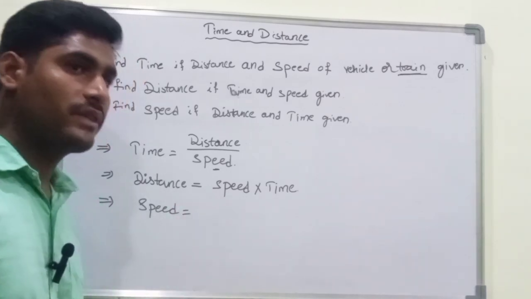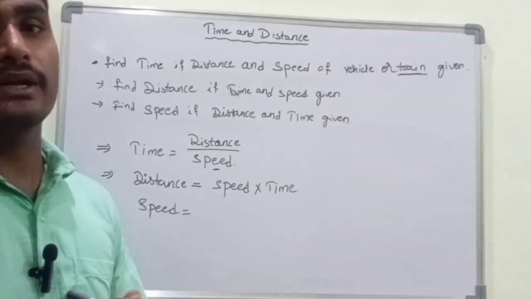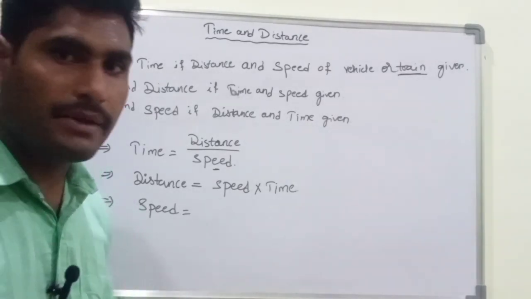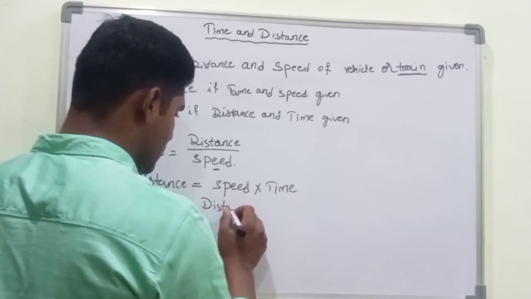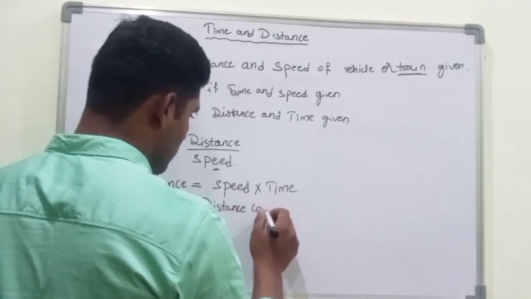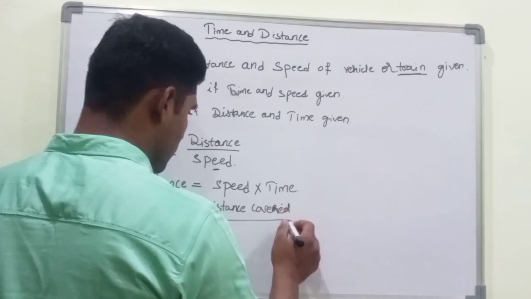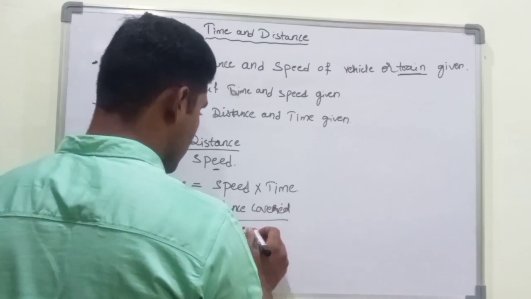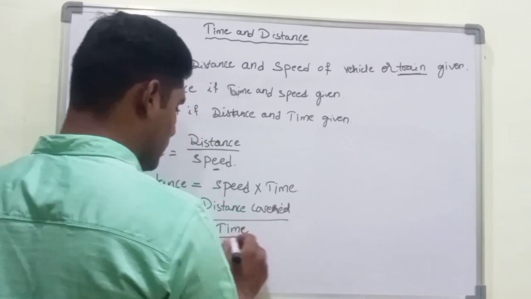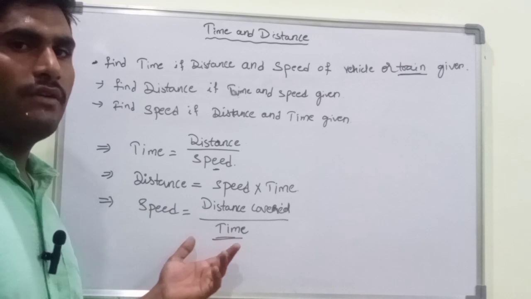Distance covered in particular time is nothing but speed. Distance covered by time is nothing but the formula of speed.